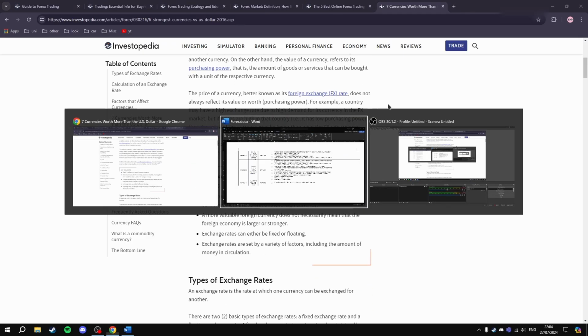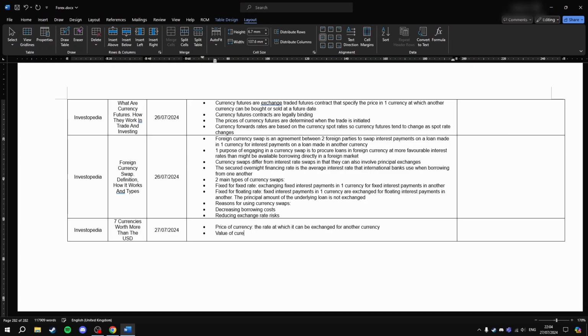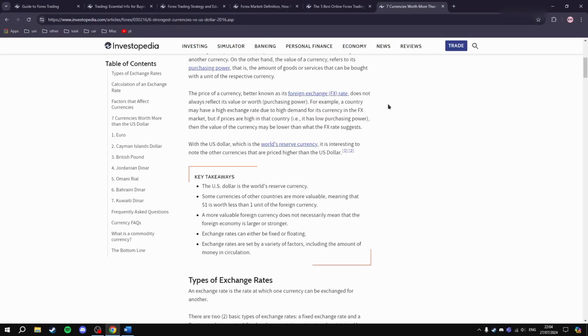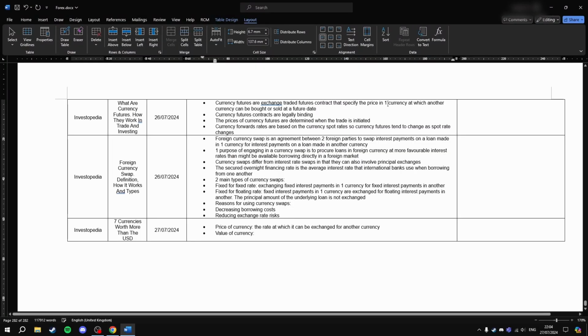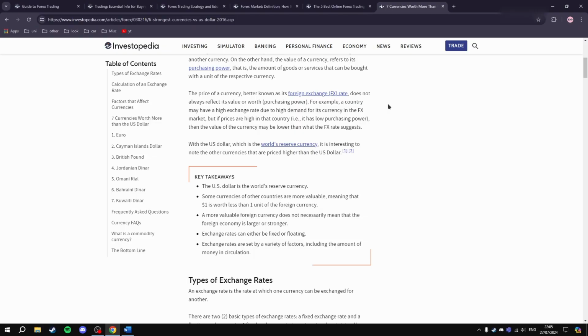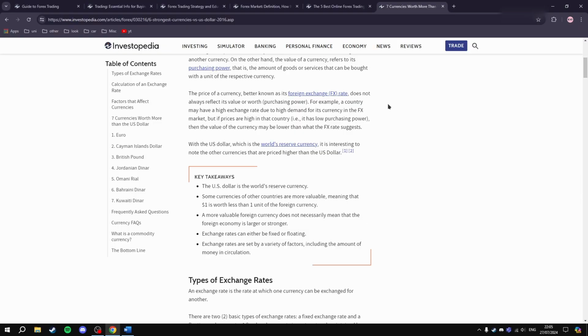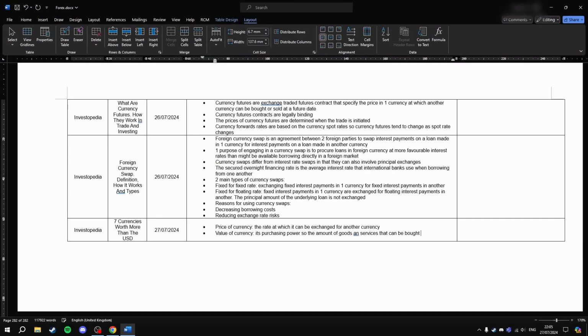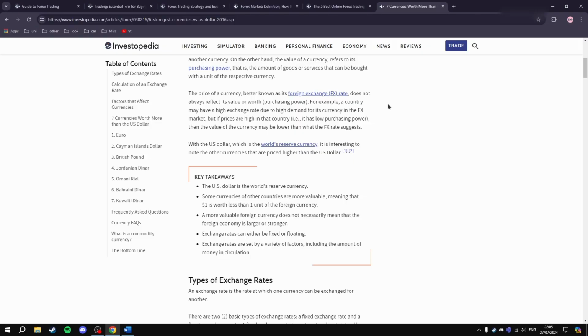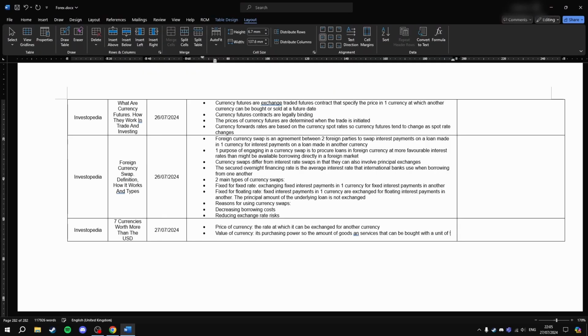On the other hand, the value of a currency refers to its purchasing power. That is the amount of goods or services that can be bought with a unit of the respective currency.